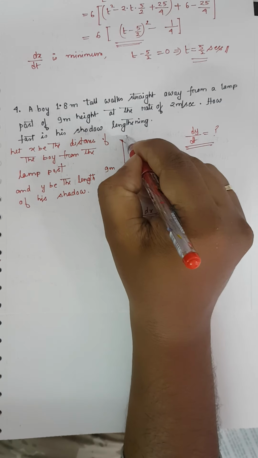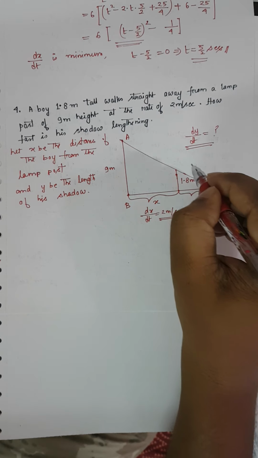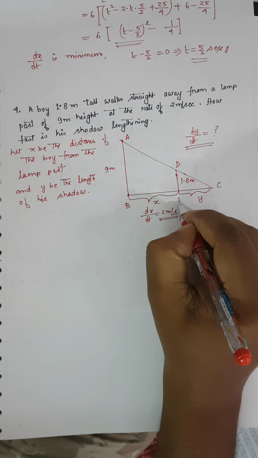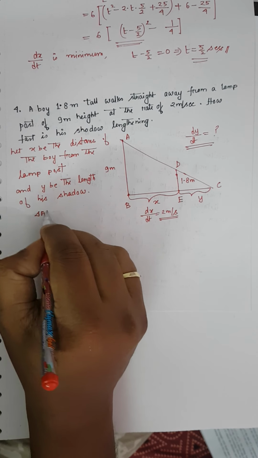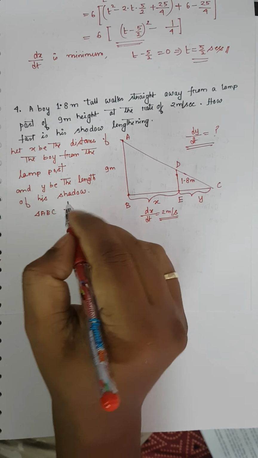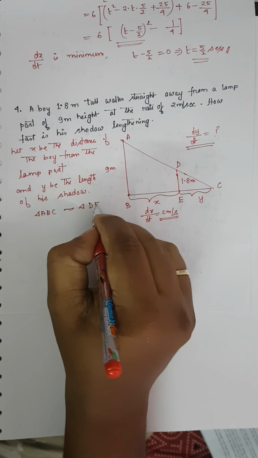These two triangles, if I name them A, B, C, and this is D, E. Now from the figure, triangle ABC is similar to triangle DEC.